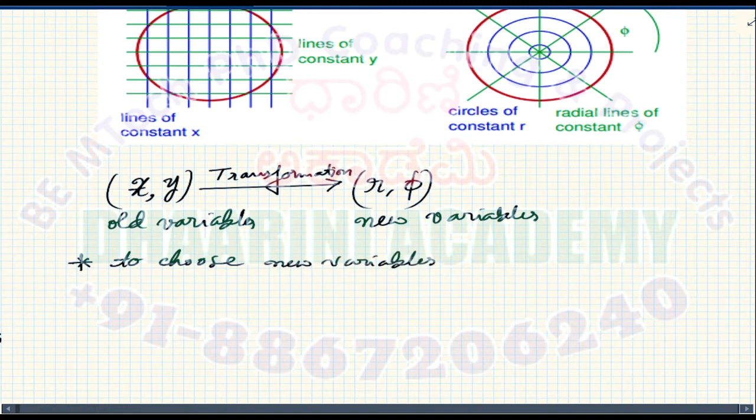We might have denoted them as r and phi, but what exactly is r? What exactly is phi? This is to describe the transformation.